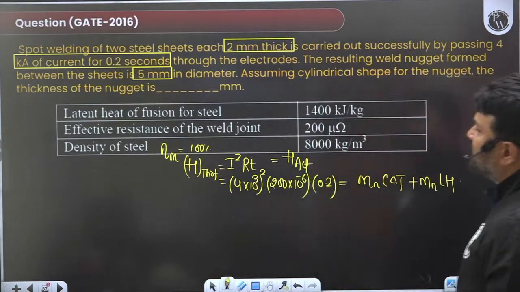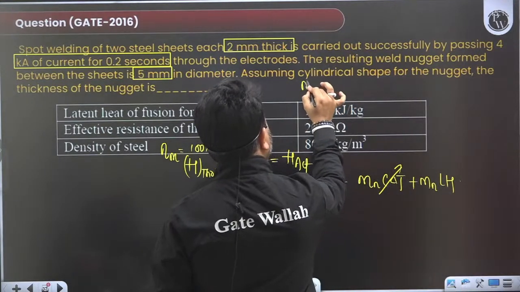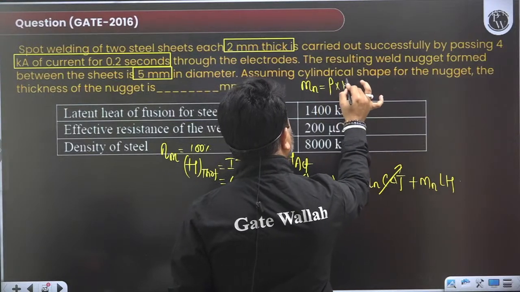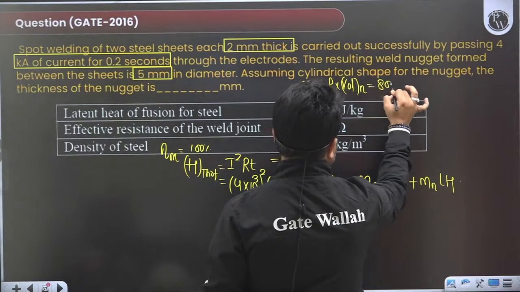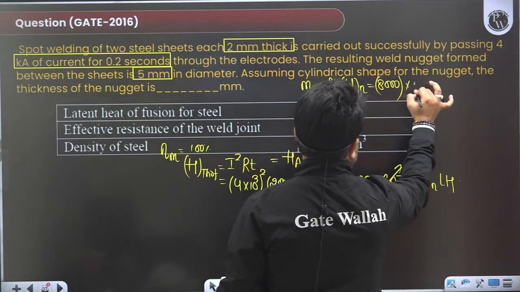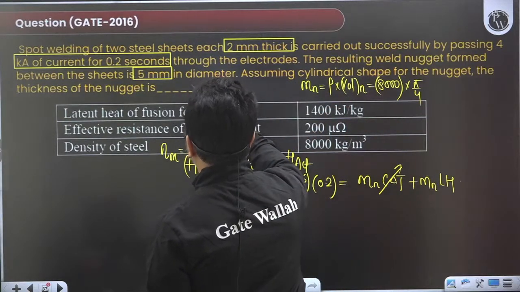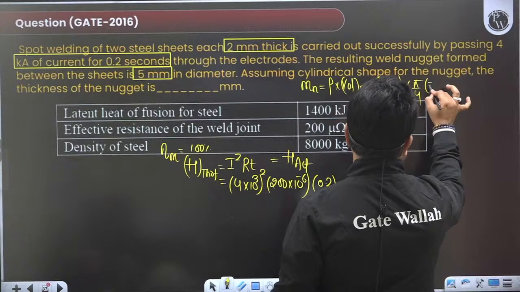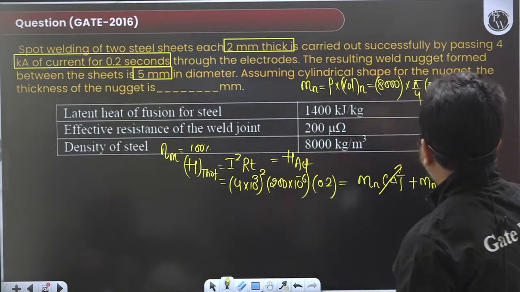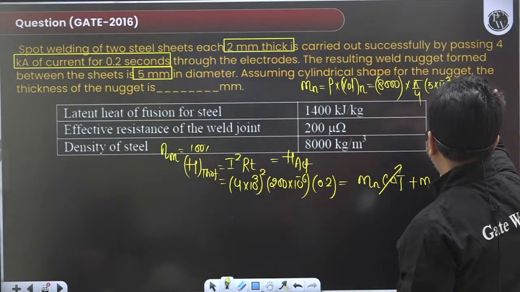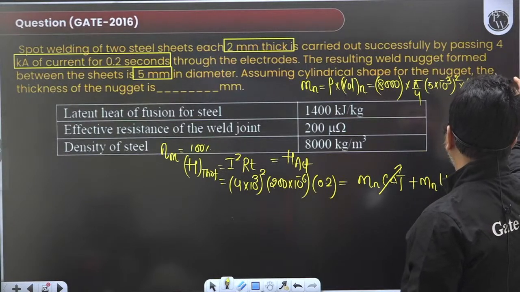But in this question, specific heat is not given, so just cancel it out. What will be the mass of the nugget? That is density into volume of the nugget. So density is 8000 into pi by 4 d square, diameter 5 mm, so (5 × 10^-3) squared, and H × 10^-3.